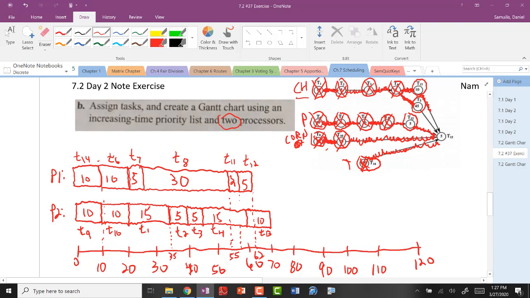So this one is 45 minutes. 45 plus 62 is 107. Yep, that's a big dog right there. 107. 45. And then that is T5. Okay. All right. So that's at 107.